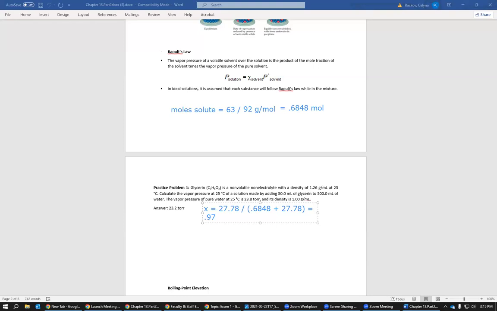No units. So what we're going to do here is multiply this mole fraction by the vapor pressure of water, right?